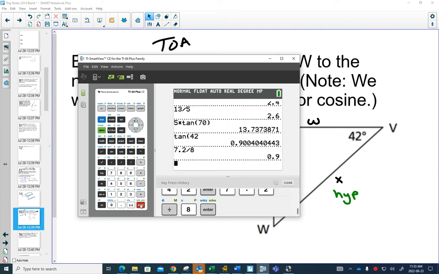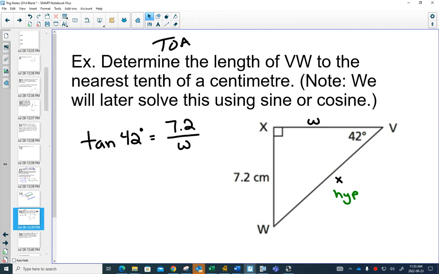Now, we don't want to guess. We want to use our algebra skills. So now, we know that this is 90% or 0.9, 7.2 over W. If the W is on the bottom and you want to solve, like our goal is to get W equals.